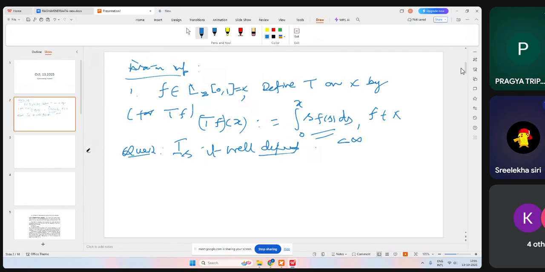I hope you understand what I'm saying. Take, for example, f equal to, let's take, say, root s.